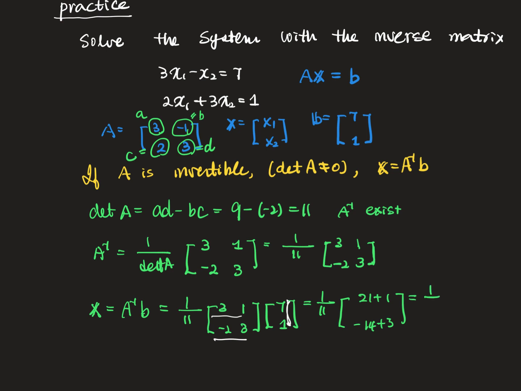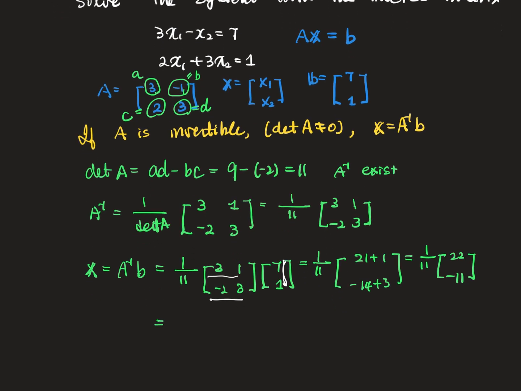So you have 1 over 11 times 22, negative 11, which means you have 2 and negative 1. So x1 is 2, x2 is negative 1. That's how to solve the system of equations by using the inverse matrix.